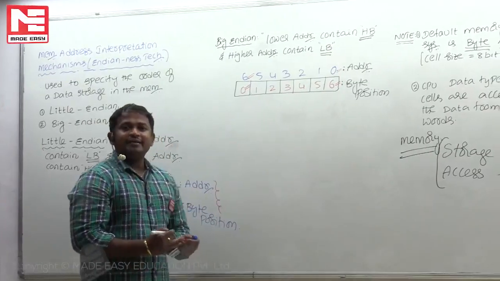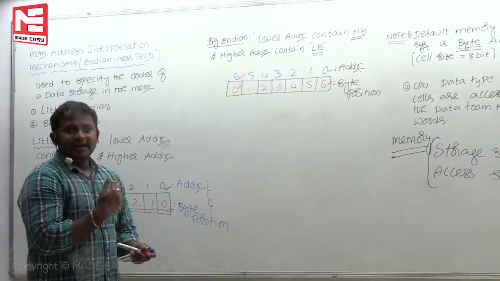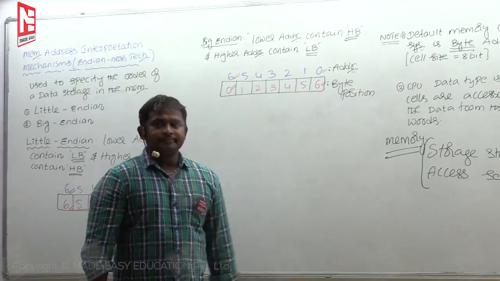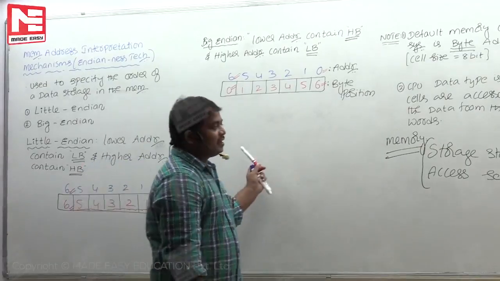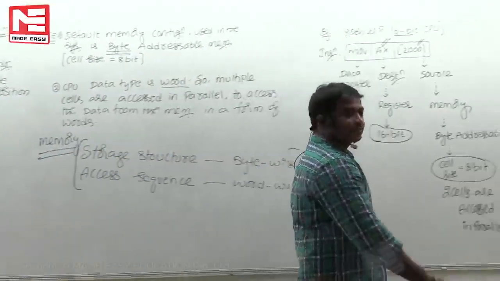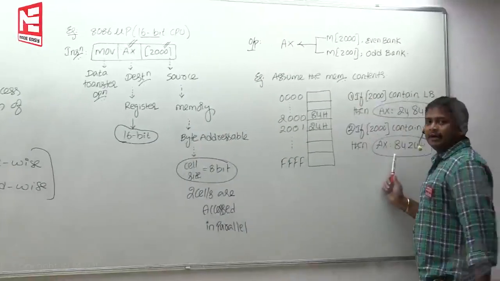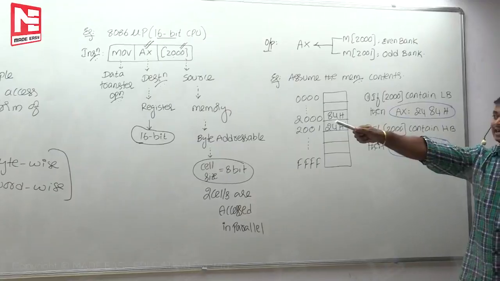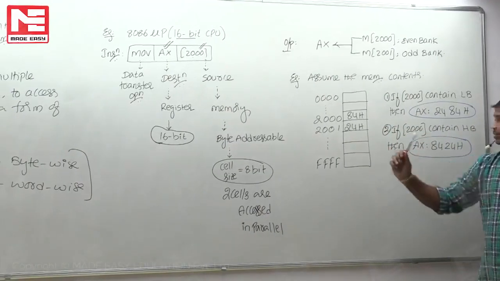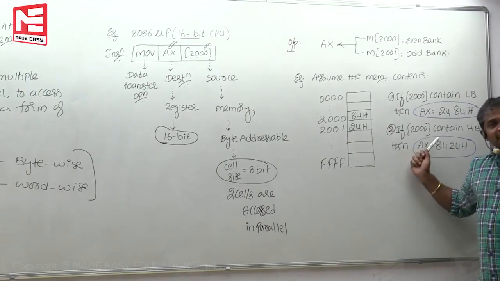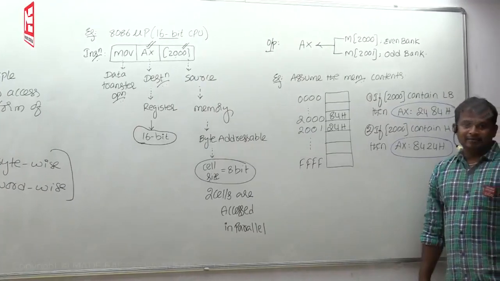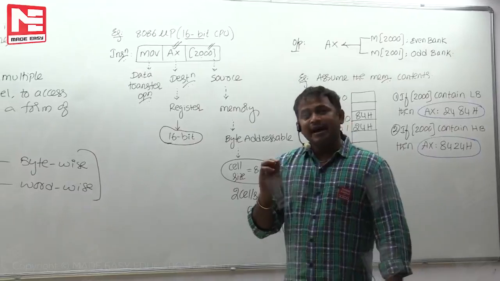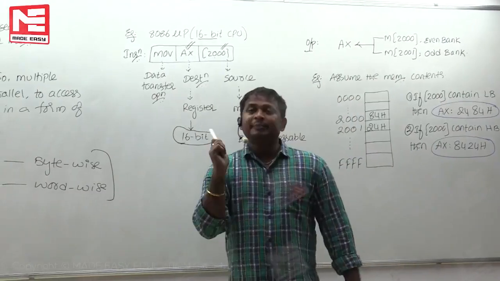Clear now? Whenever we have endianness mechanisms, that ambiguity is not present. When the endianness mechanisms are present in the system, this ambiguity problem will be resolved. When those mechanisms are not implemented in the system, then this ambiguity is present and the system becomes unreliable. To avoid this ambiguity, we can design the system with either little endian or big endian.